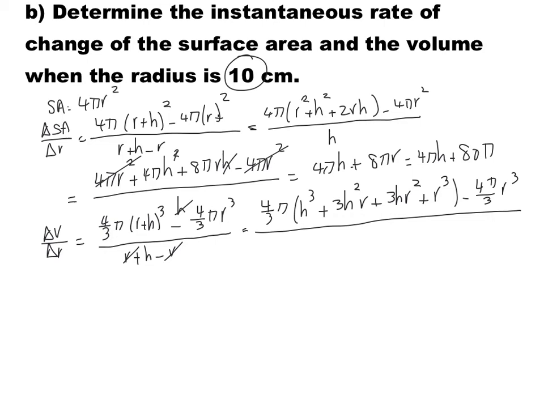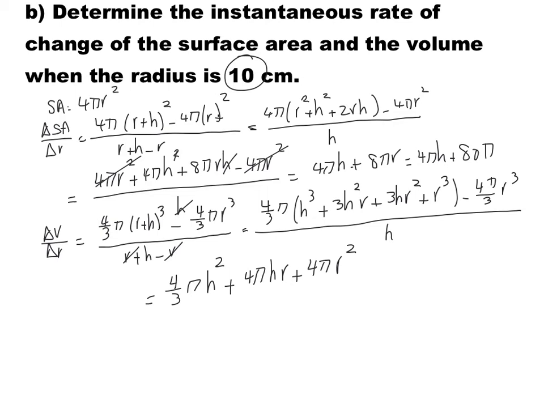When you simplify the numerator and then cancel out the h in the denominator, we get the answer to be 4 over 3 pi h squared plus 4 pi h r plus 4 pi r squared.